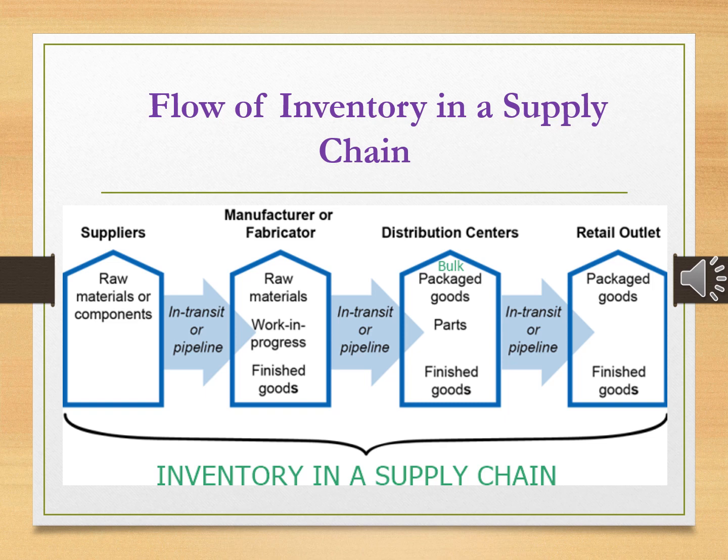Then in retail it becomes packaged goods according to the requirements of retailers, and it becomes the finished good. So in this picture you can see the inventory at different levels of the supply chain: supplier, manufacturer, distribution, and retailer.